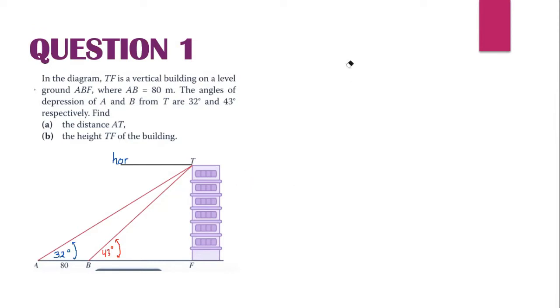The question is to find the distance AT. Let AT be x. And then the height TF of the building, this one. This is the height of the building, this one.